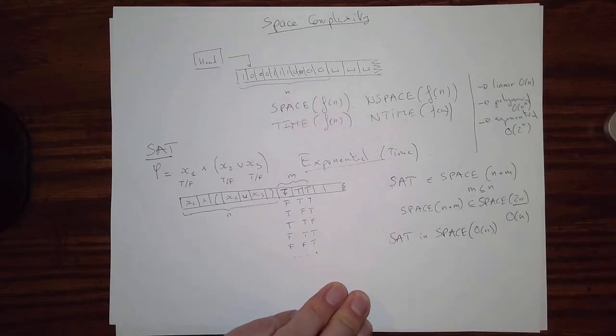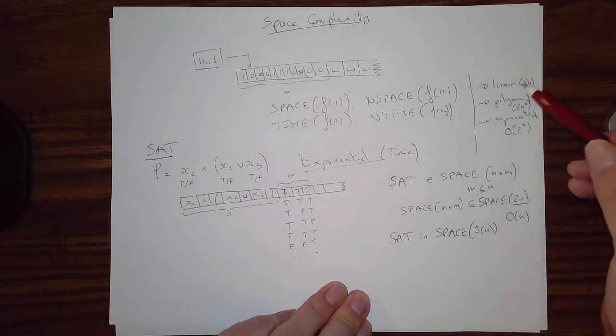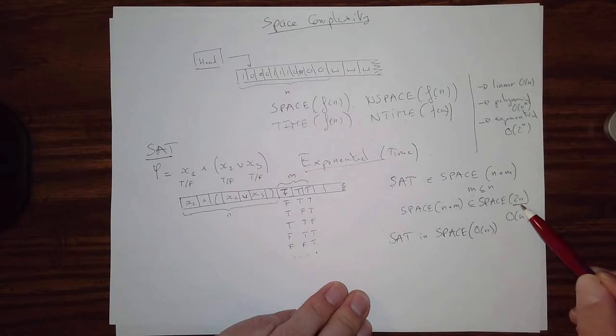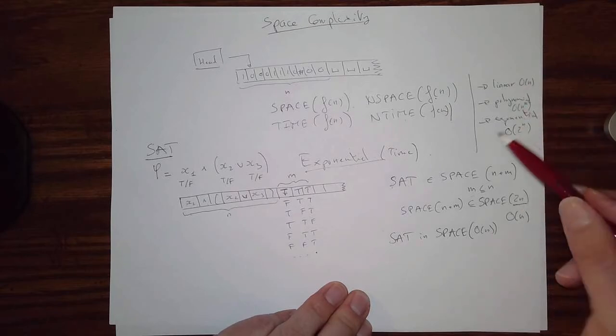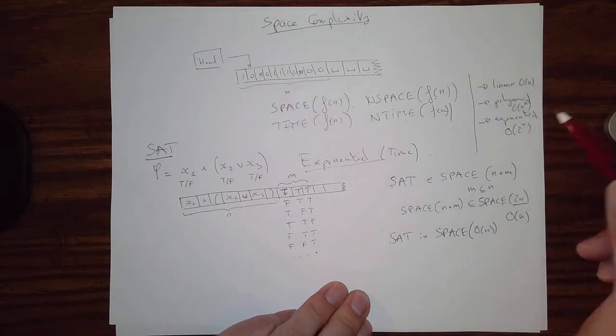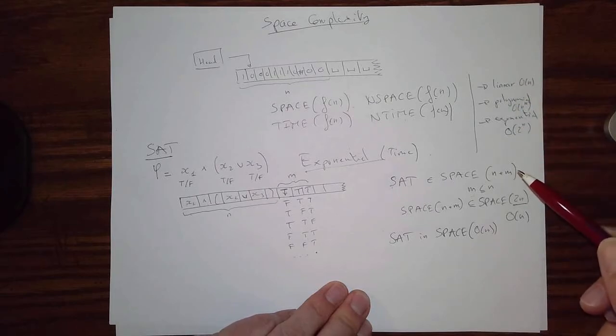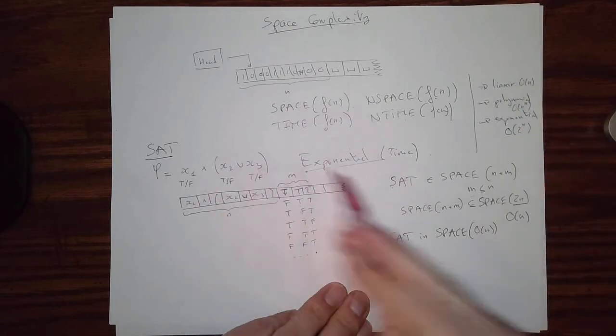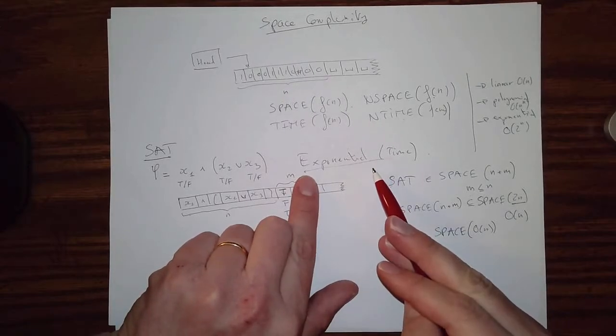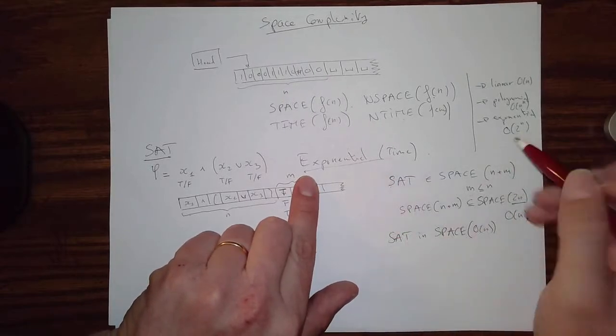So see the big difference. Linear is much more efficient than polynomial. I mean, linear is part of polynomial, but it's much more efficient in general than polynomial. So see the difference. We say SAT is, in terms of time, exponential.